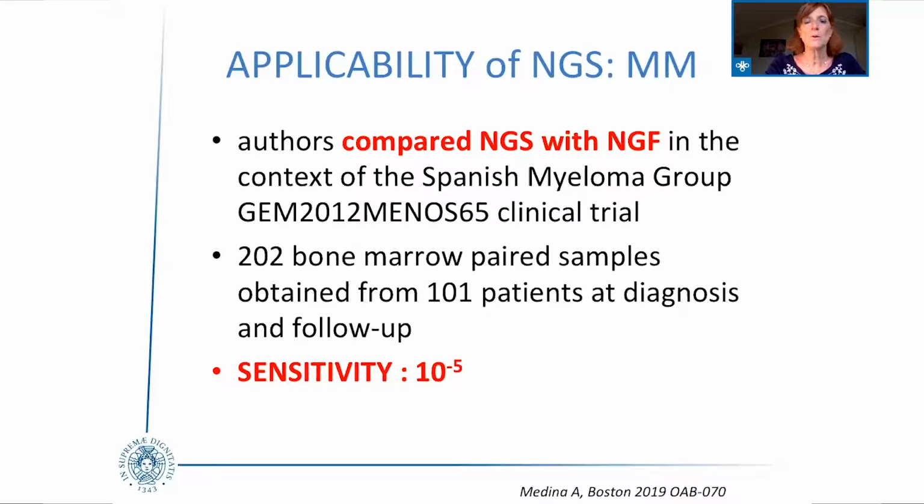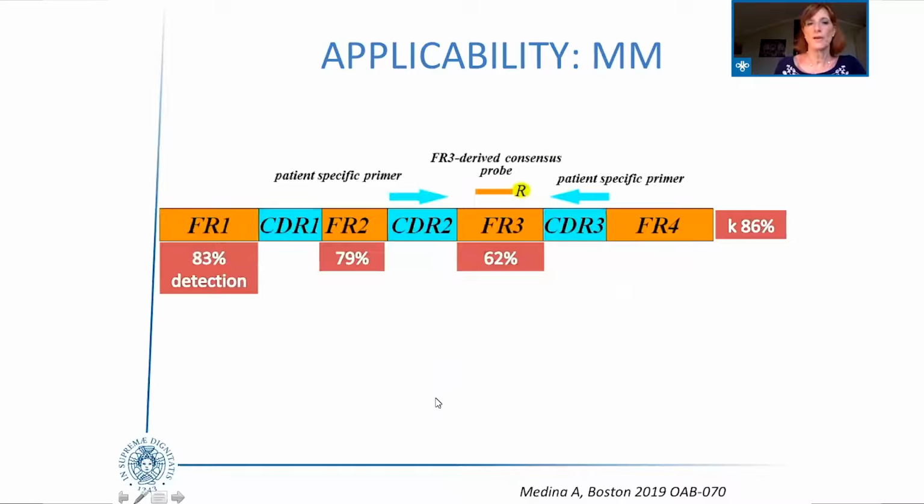At the last international meeting on multiple myeloma, this Spanish group compared NGS with NGF in more than 200 bone marrow paired samples, with a sensitivity of 10 to minus 5. They clearly demonstrated that we have to combine different frameworks. If we use IGH rearrangement, but we use only framework 1, we can apply our method in 83% of our cases. If we use only framework 2, about 80%, only 60% when we use only framework 3.